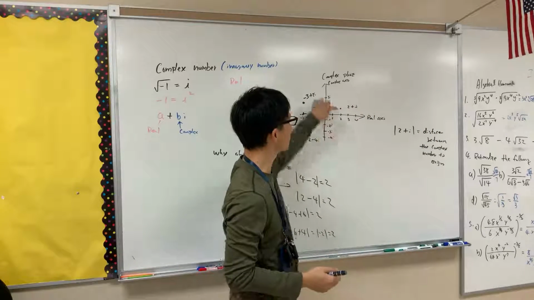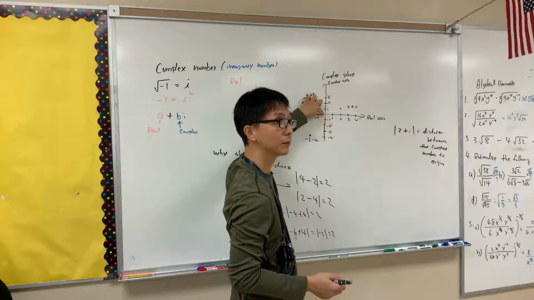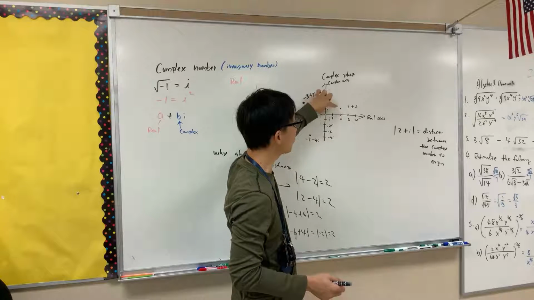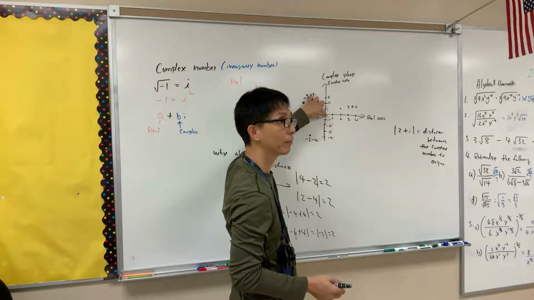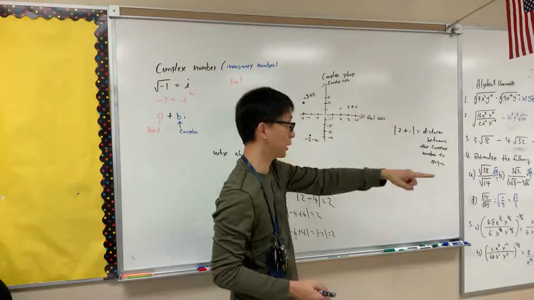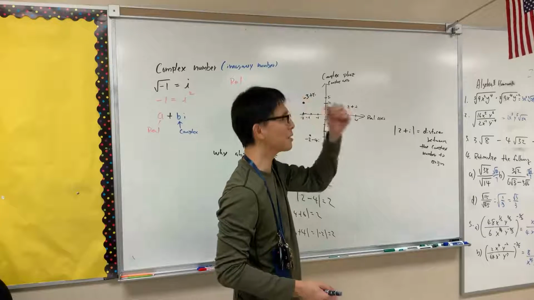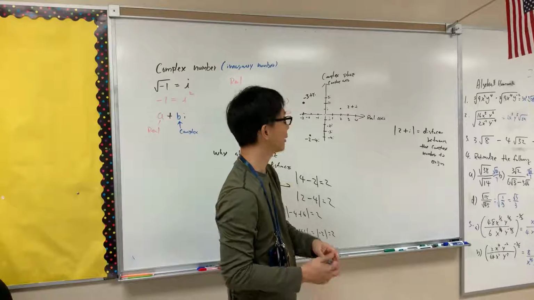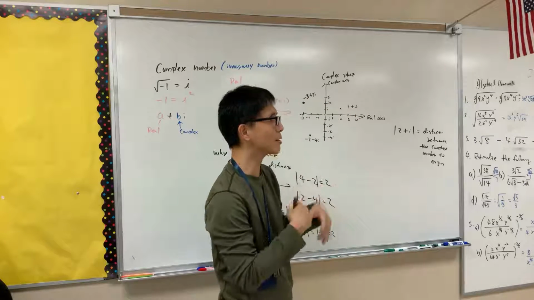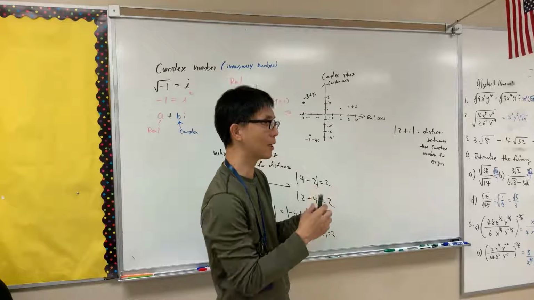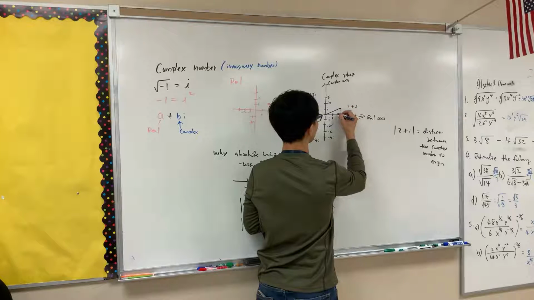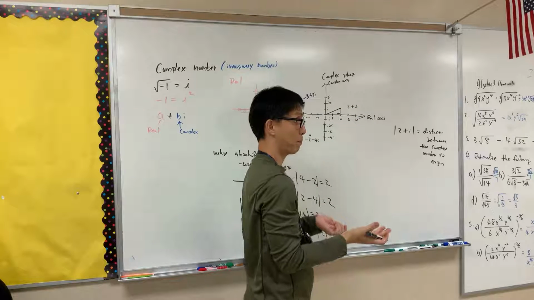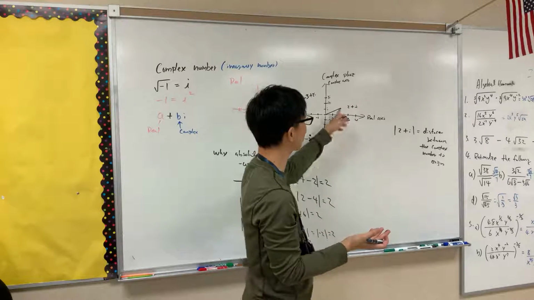How do I find the distance from here to here? In geometry, how do I find the distance from this point to this point? Distance formula, good. But there's another way that's better and faster, because it's how the distance formula comes in. We're going to talk about that later. You can build a triangle, right? And this is a right triangle because that's going at 90 degrees.